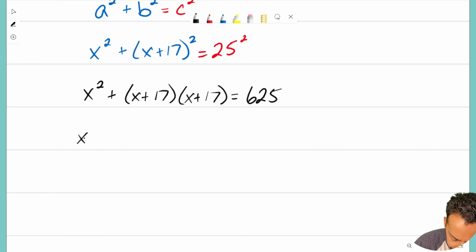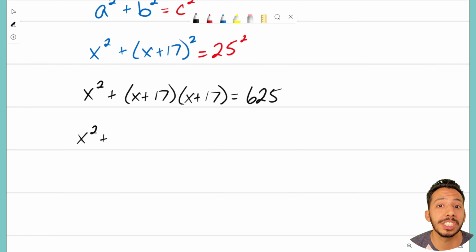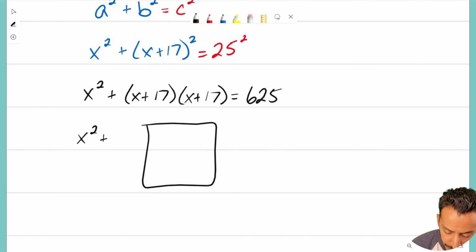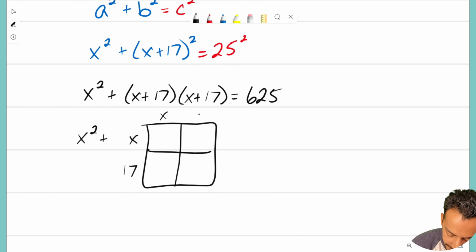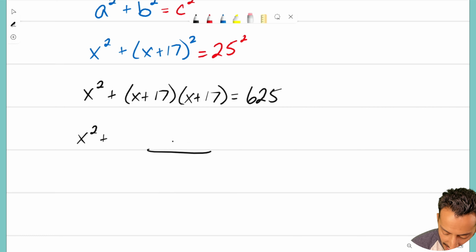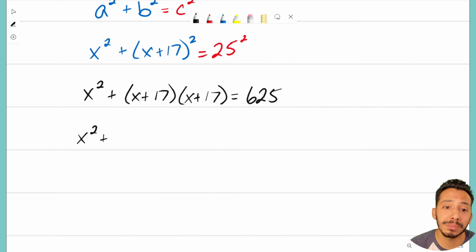All right, so we have this expression, x plus 17 times x plus 17. All we really have to do there is just distribute that out. We could use a box, if you're familiar with the box method, right? We could set this up, put the x plus 17 on one side, the x plus 17 on the other side, multiply to get the inside pieces. Another way we can do this is just distribute out those expressions.